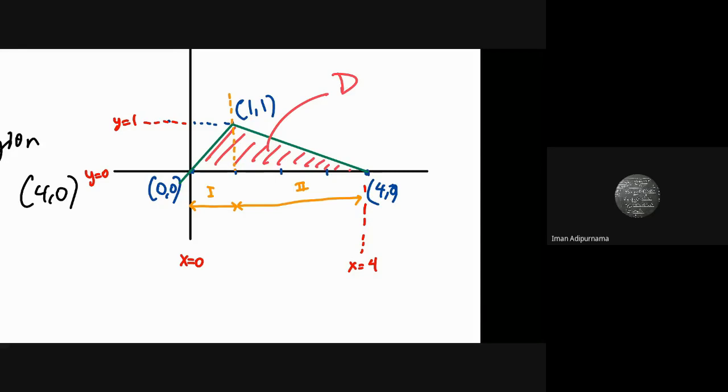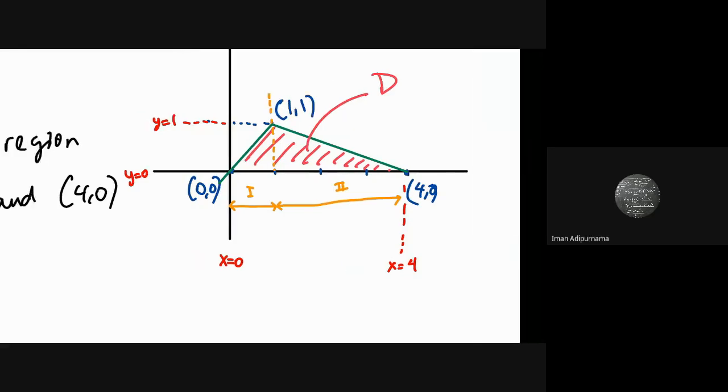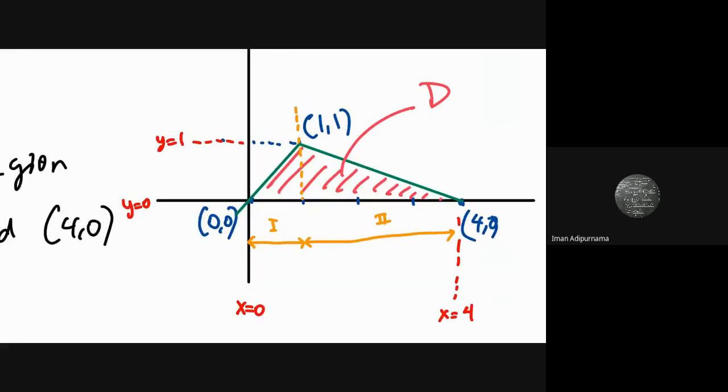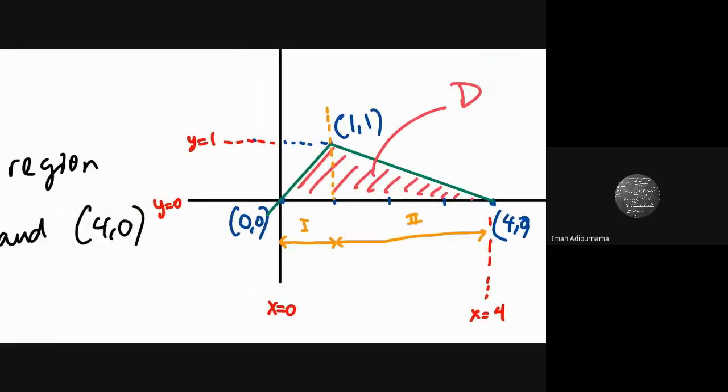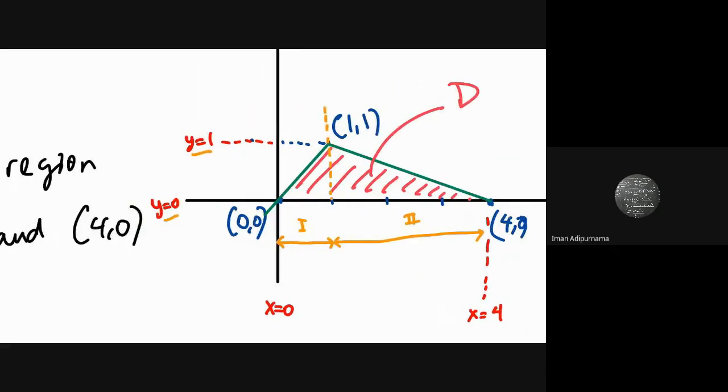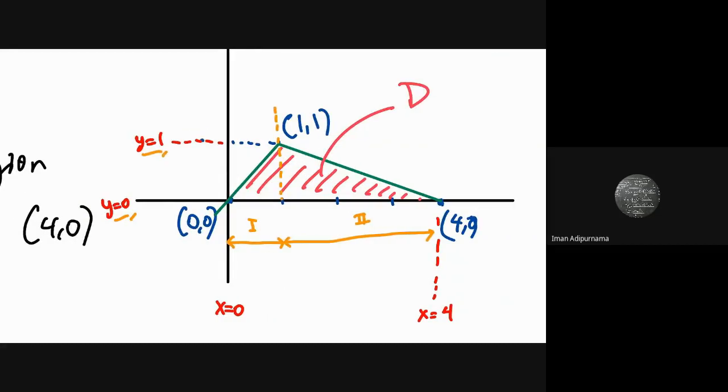Of course, it will take more time. Instead, why don't we use y? If we take y as our constant, we can go from 0 to 1, from here to here. That will be our constant.